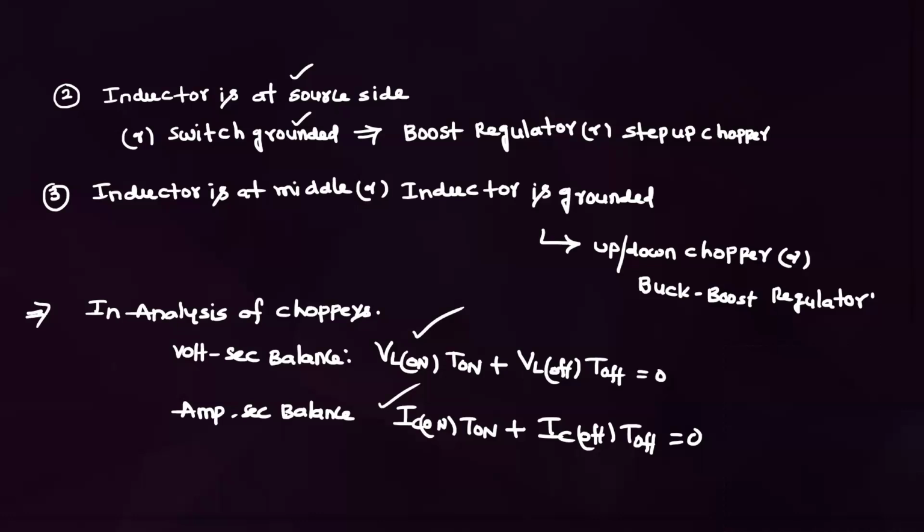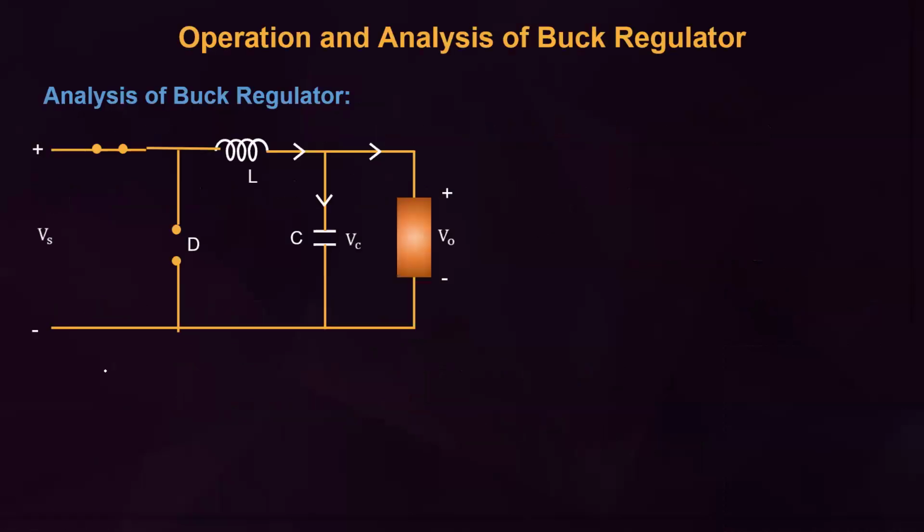Direct formula based questions: from these formulas only, if any question is asked from the choppers, directly you can explain. That is the point to remember. Now I am starting operation and analysis of the buck regulator.